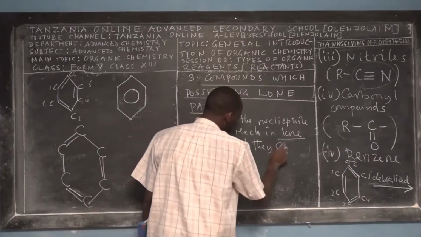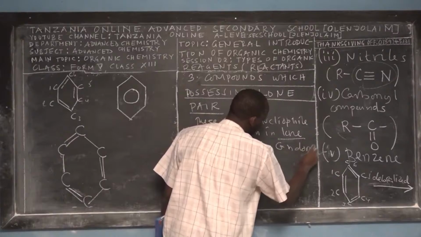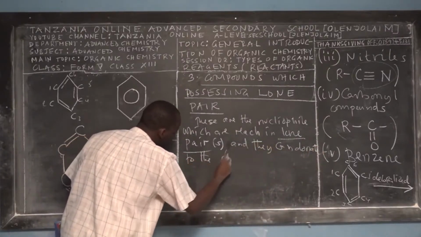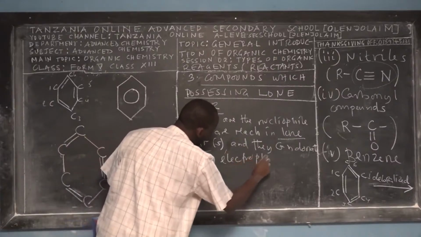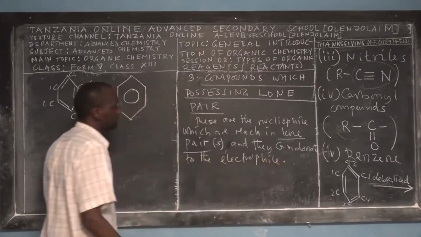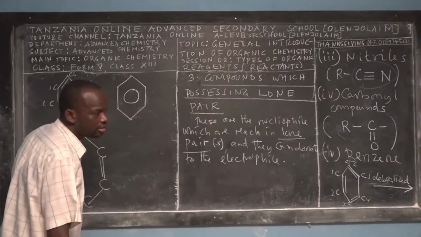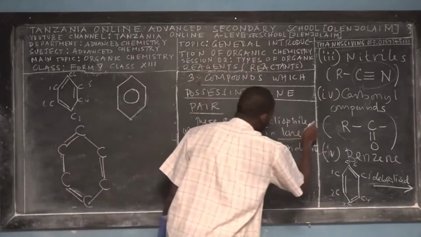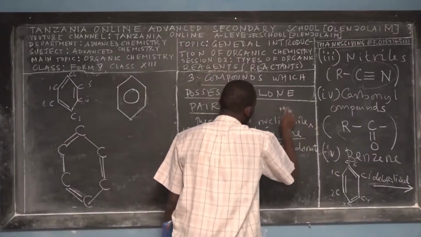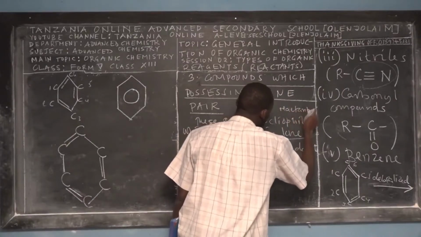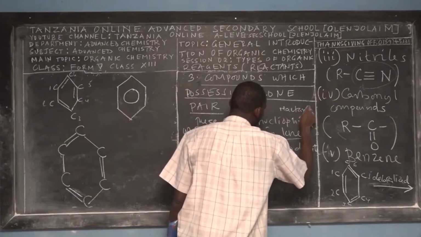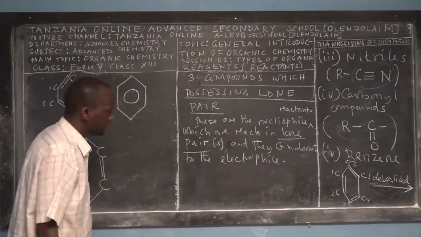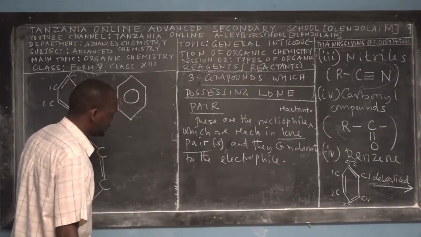And if they can donate to the electrophile, which I'm going to teach you what it means. Right? So these are the nucleophile compounds or nucleophile reactants, which are rich in lone pairs. And they can donate.